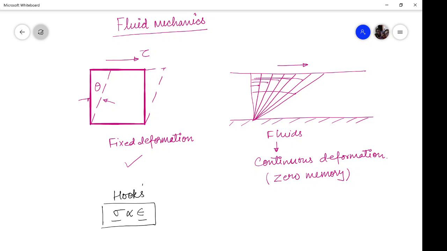Because in fluid mechanics, for a definite amount of shear force or stress, you don't have a definite amount of strain, that means deformation. The deformation is continuous. So, to arrive at that particular constitutive relation, you should take the average of the strain or deformation, and that too a time average deformation or strain.